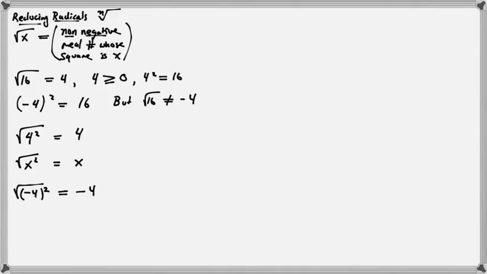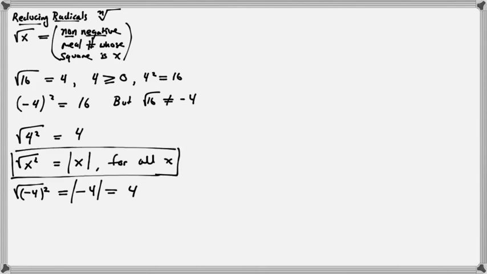So because the square root symbol is referring to the non-negative square root, we need to take the absolute value to ensure that we get a positive result. The absolute value of minus 4, of course, is 4, and that's what we would expect when we take the square root of 16. So to make our equation above correct, we need to put absolute values around the x, and now it is true not just for non-negative numbers, but for negative numbers as well. It's true for all x.